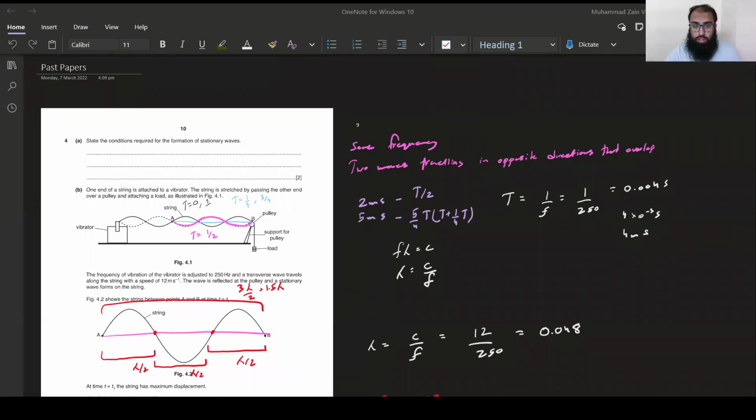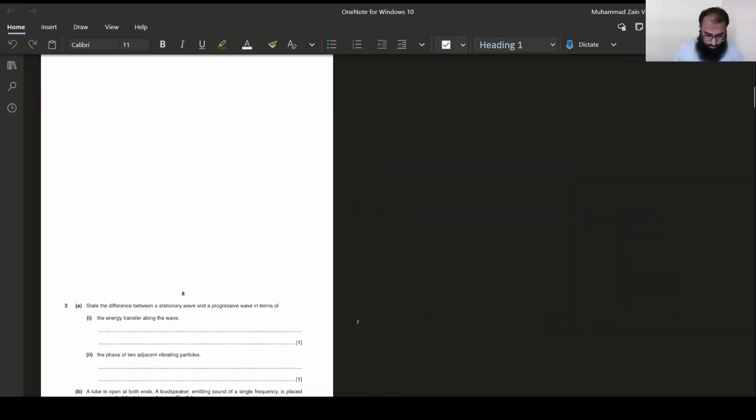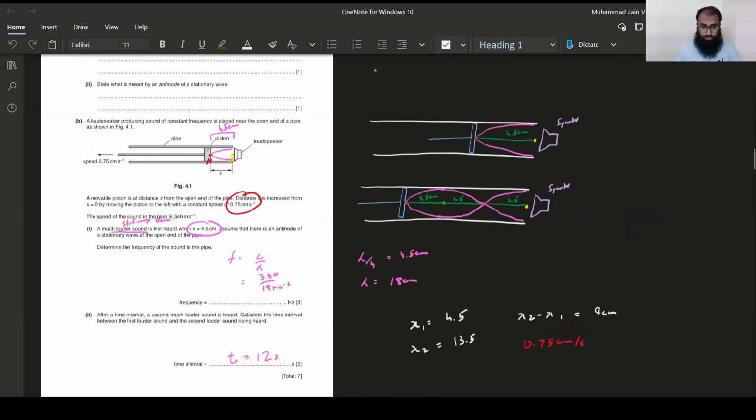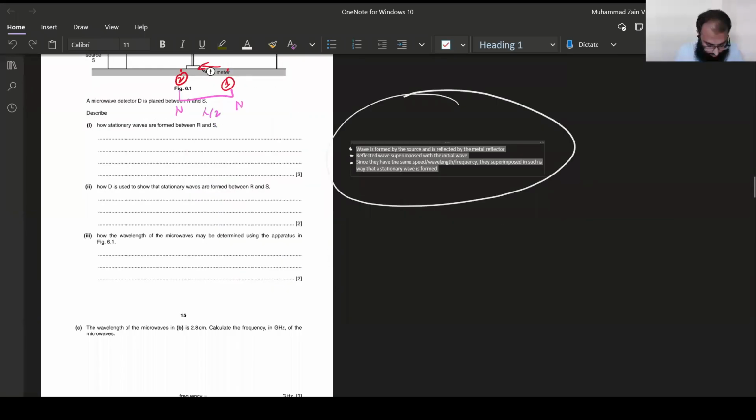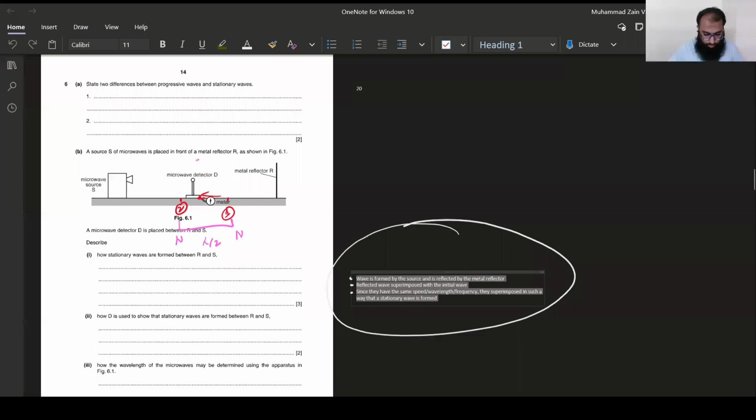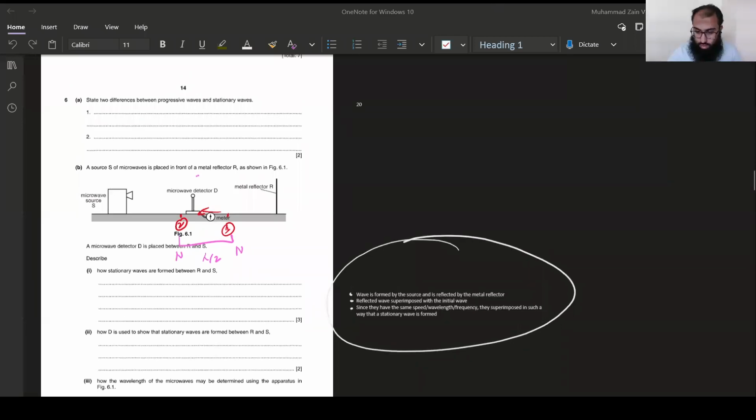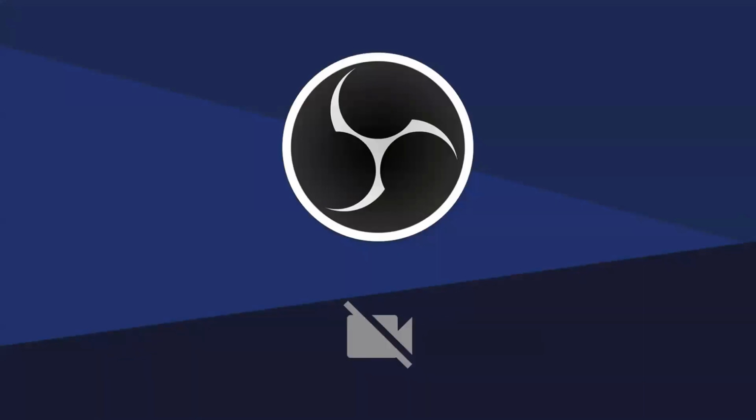Is the screen now visible to everyone? Yes, I think it is. So I think there is no screen being shared at the moment.